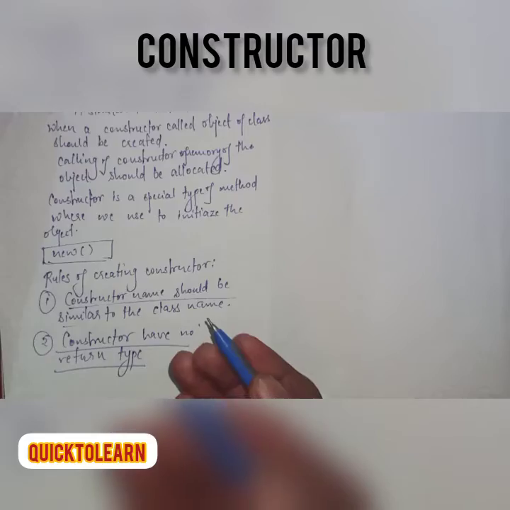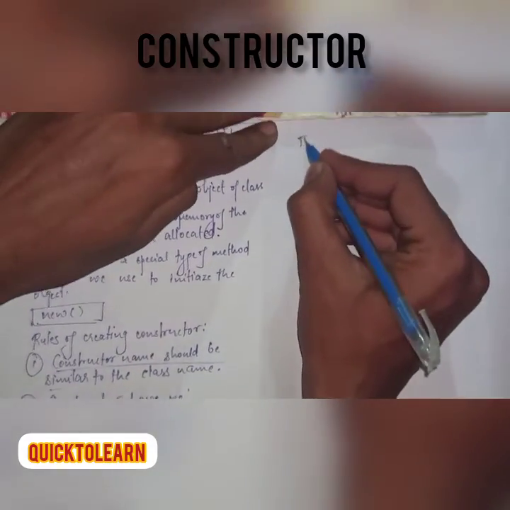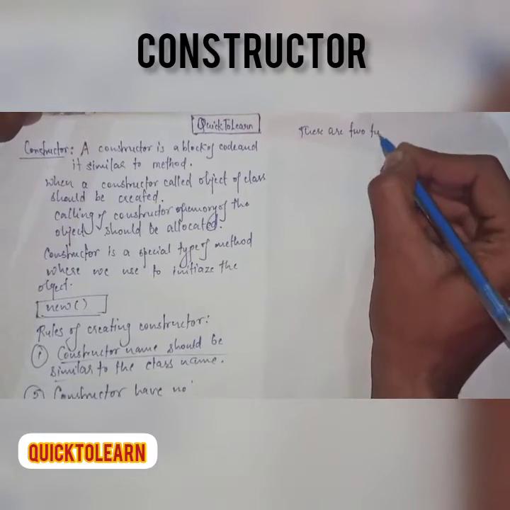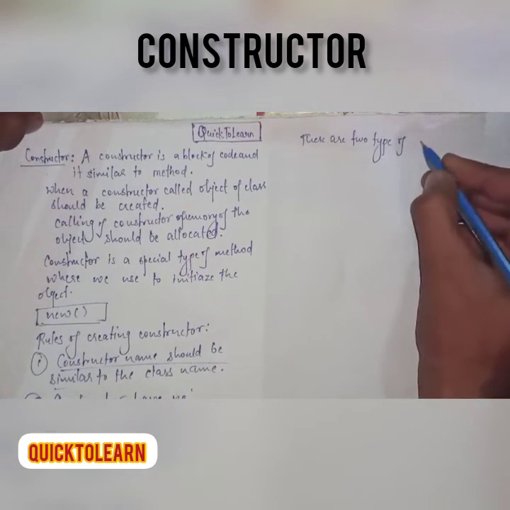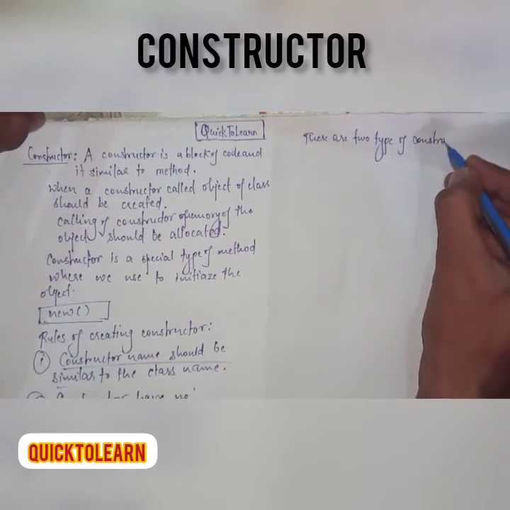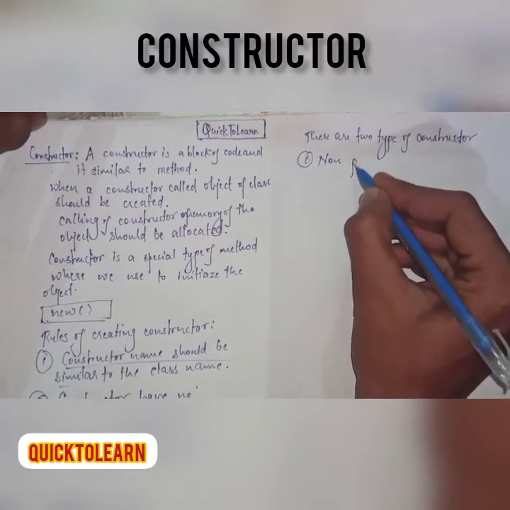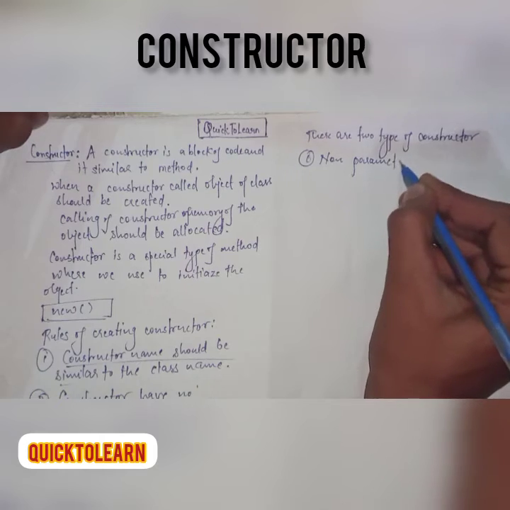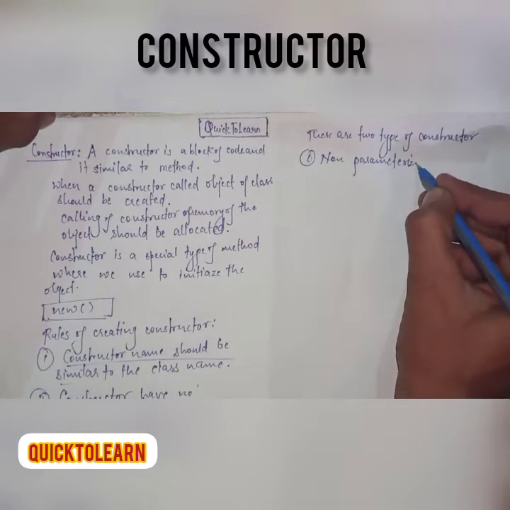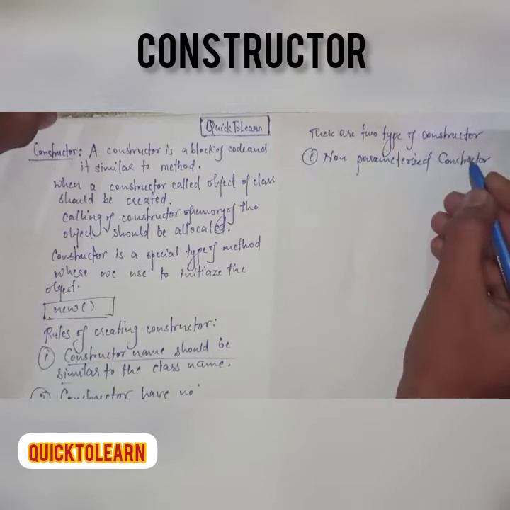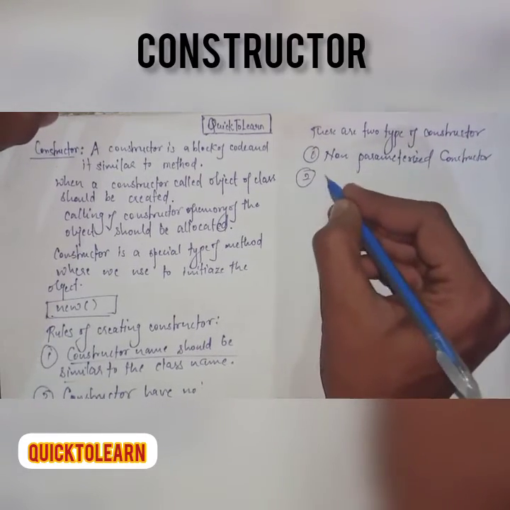So there are two types of constructor in Java. First is the non-parameterized constructor, and second is the parameterized constructor.